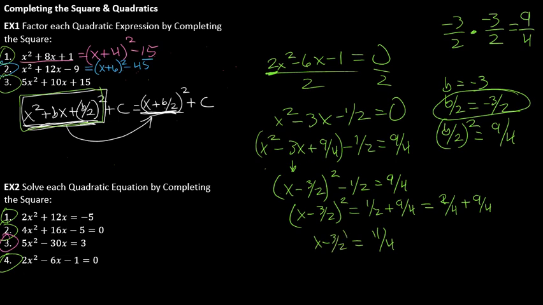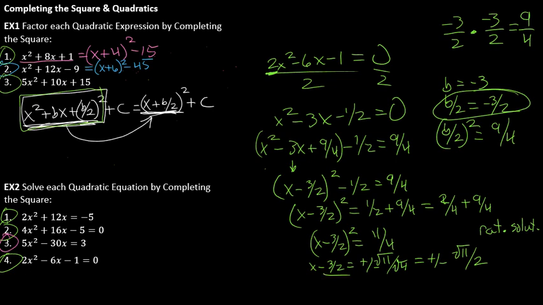And take the square root of both sides. And we get square root of 11 over 2. So this means our solutions are irrational, right?